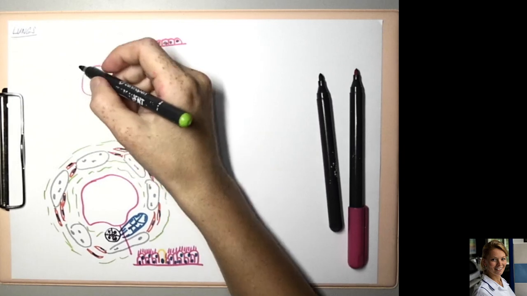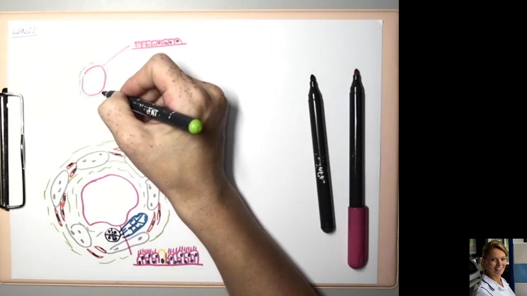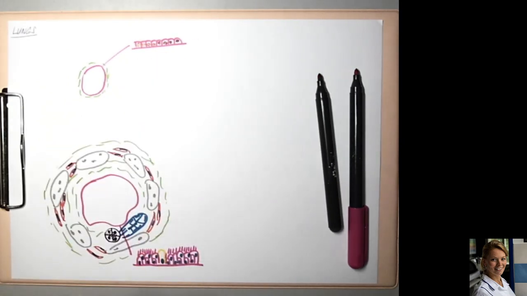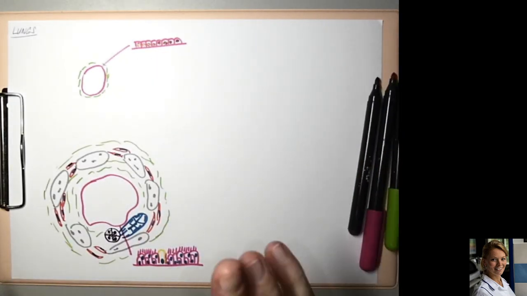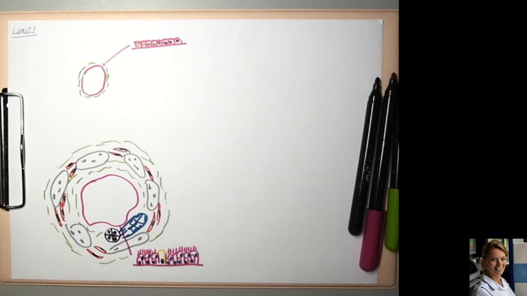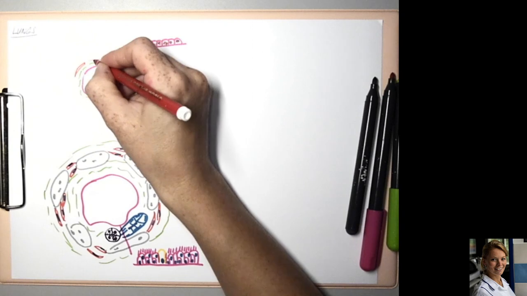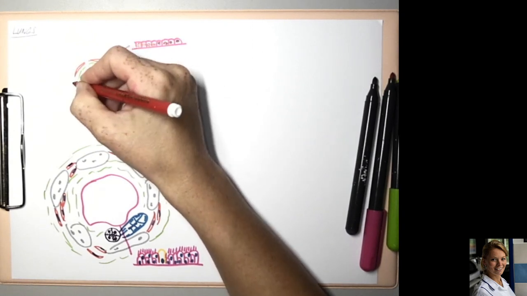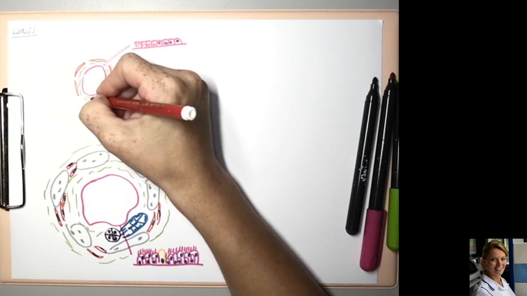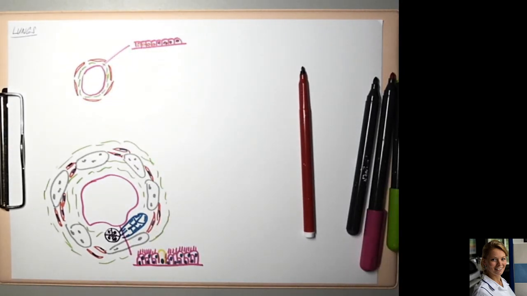Next layer is the lamina propria of the mucosa, loose connective tissue without seromucous glands. Next layer contains smooth muscle cells, a very thin layer of smooth muscle cells, also without islands of hyaline cartilage.